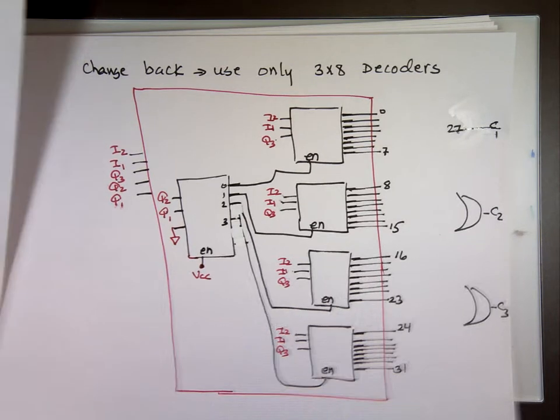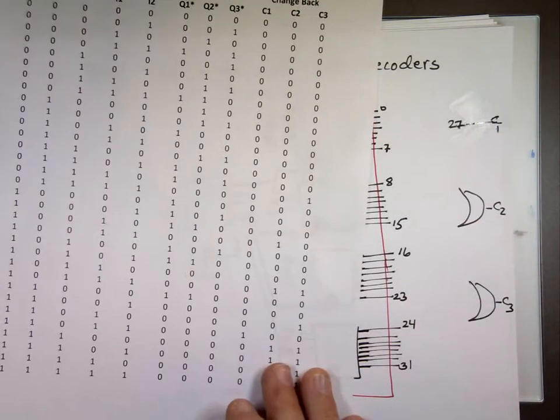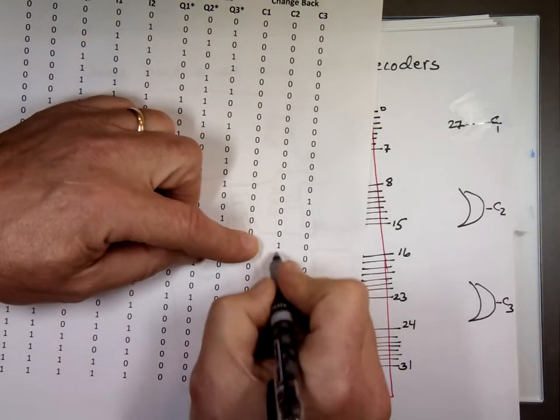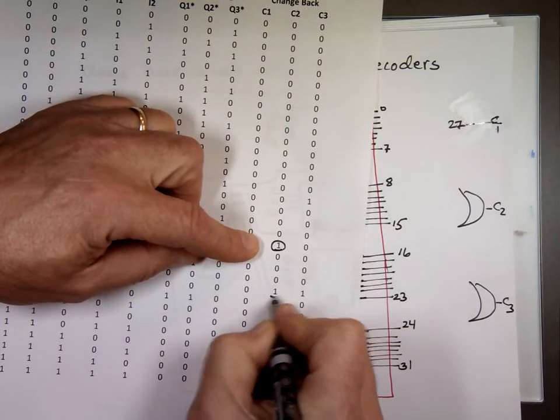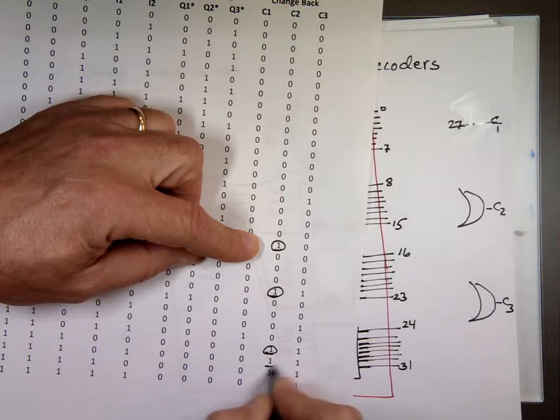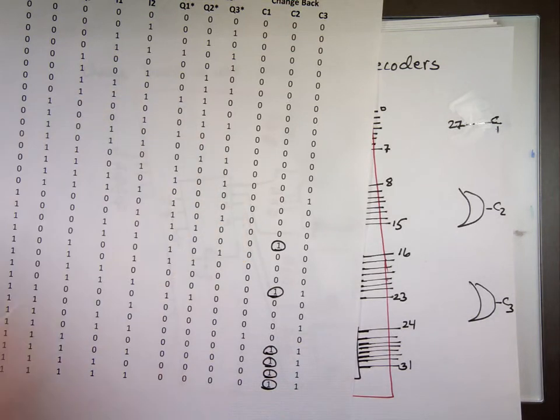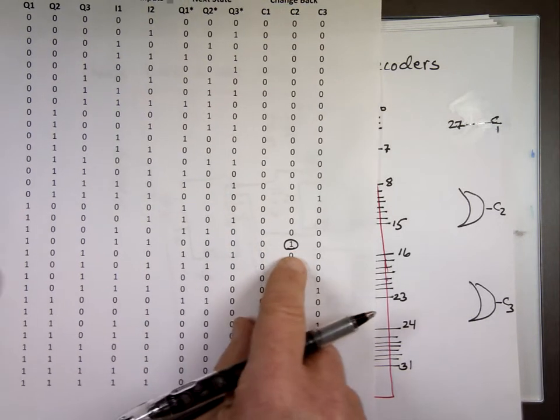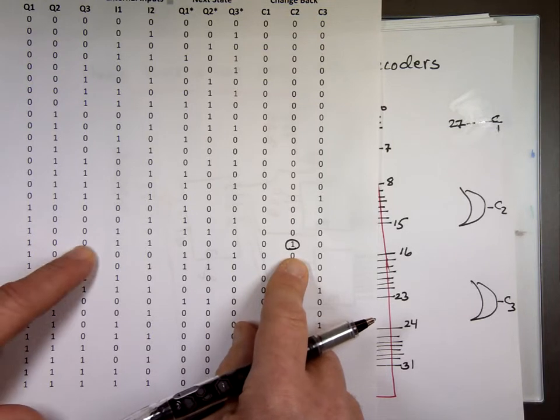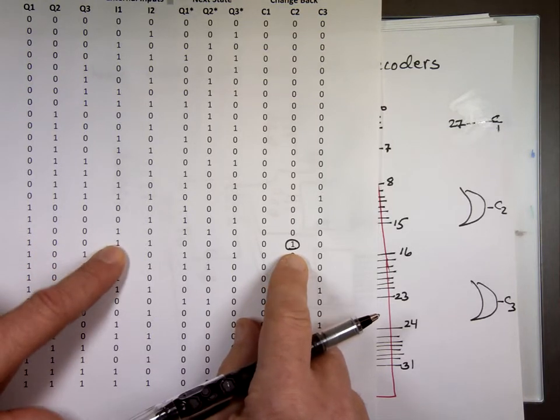C2 here, the change for number 2, I need this one, this one, this one, this one, this one, this one. This one happens to be 16 plus 2 is 18 and 1 is 19.